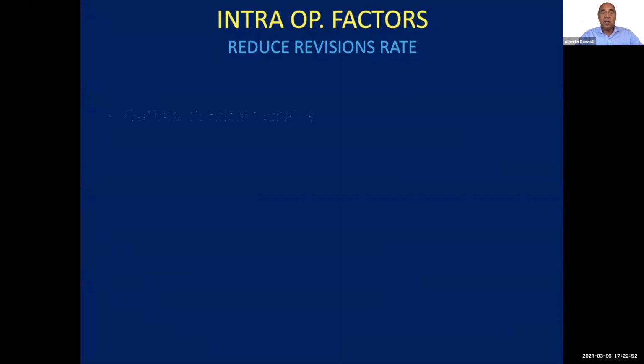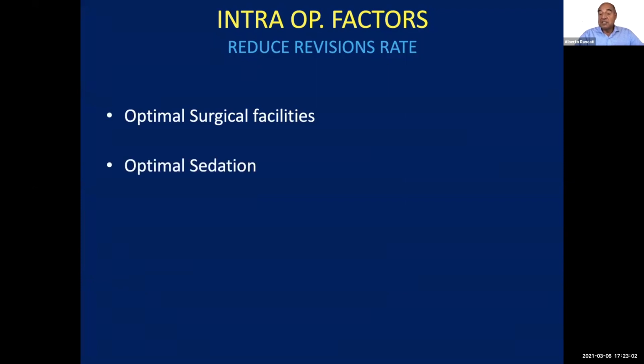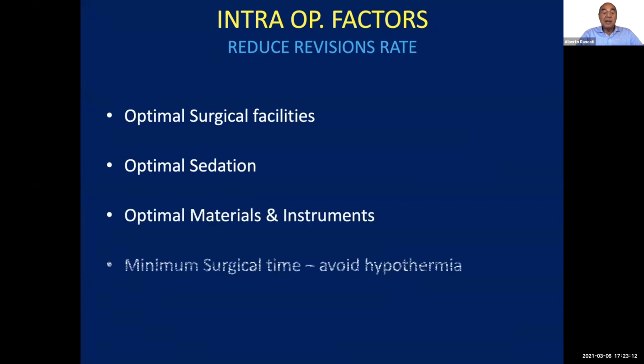And this is the way, just knowing the anatomy, training in different techniques, and selecting correctly your patients. You must have optimal surgical facilities, optimal sedation, optimal instruments, forceps with light, long forceps, optimal materials, minimum surgical time, avoid hypothermia with your patients.